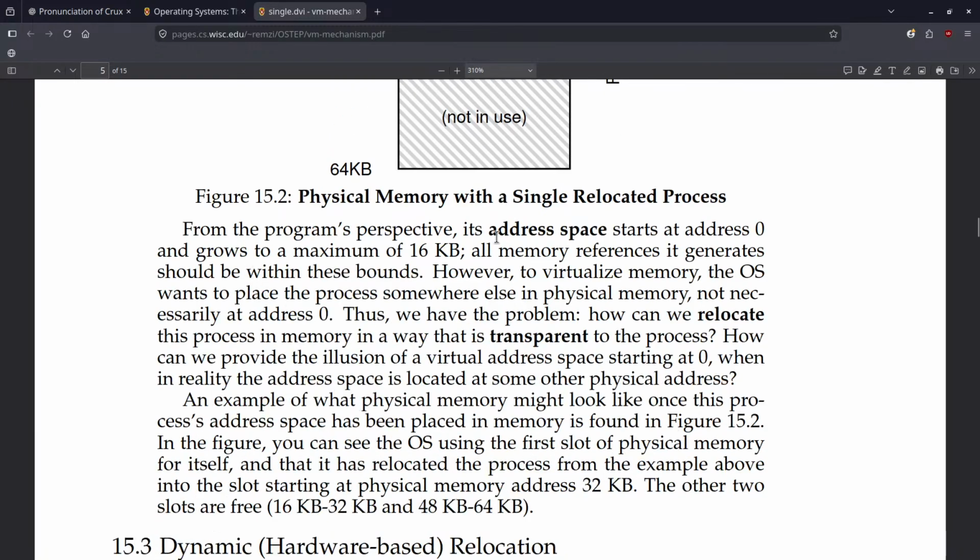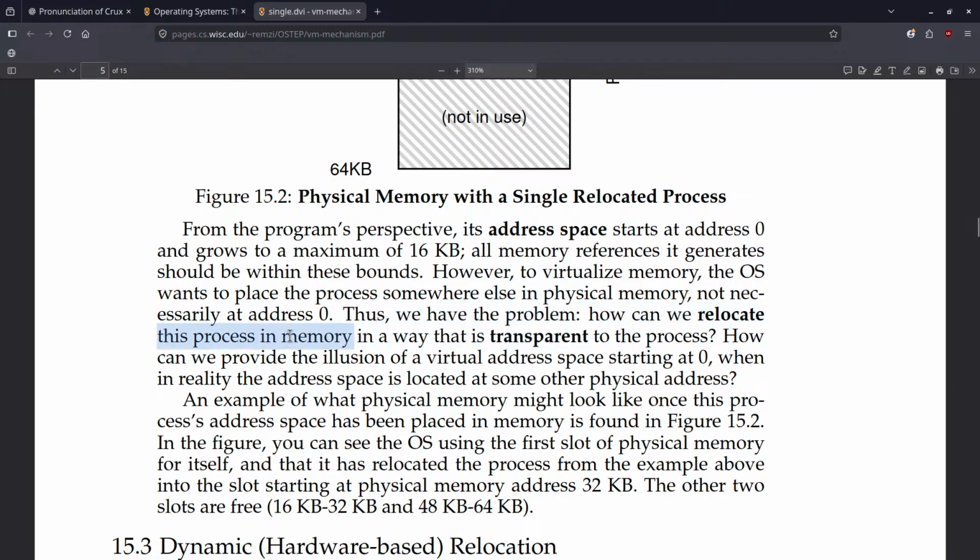From the program's perspective, its address space has address 0 and grows to a maximum of 16 kilobytes. All memory references it generates should be within these bounds. However, to virtualize memory, the operating system wants to place the process somewhere else in the physical memory, not necessarily at address 0. Thus, we have the problem.